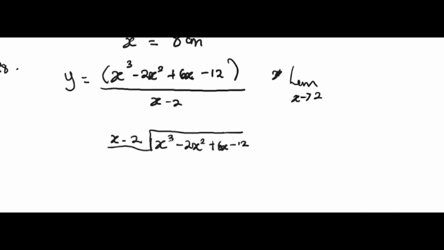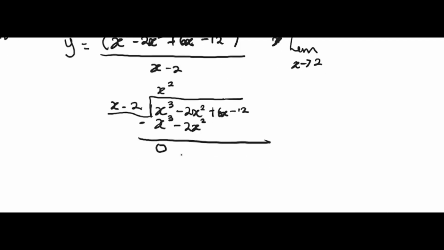If x divides x cubed, we have x squared. x squared times x gives us x cubed, and x squared times minus 2 gives us minus 2x squared. If we subtract, this gives us 0. Minus 2x squared plus 2x squared gives us 0.